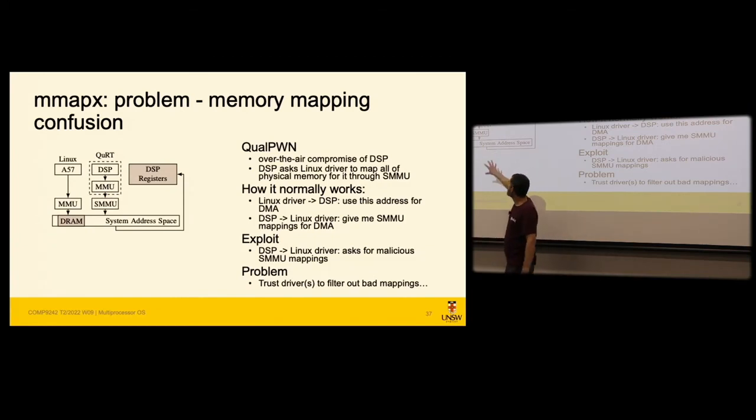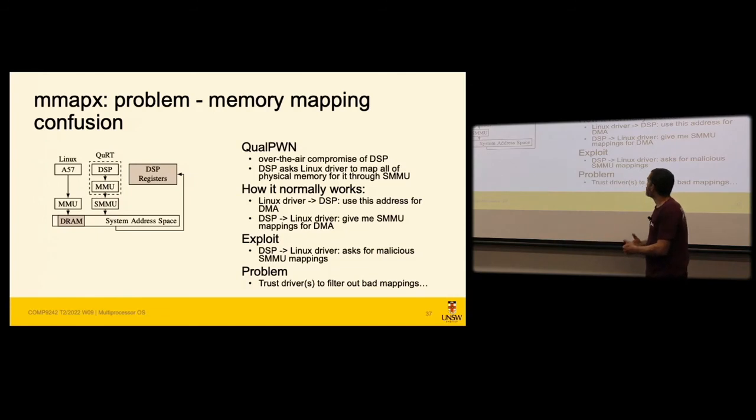It maps these physical addresses into virtual addresses that the communications processor sees and prevents it from accessing memory that it shouldn't have access to. And the SMMU is programmed by the application processor. Then there are the actual registers for controlling the DSP, which are also part of the address space.